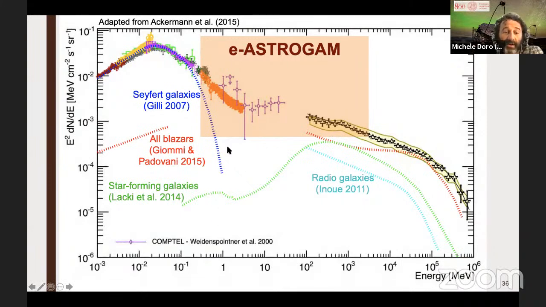That's INTEGRAL, COMPTEL, sorry, the diffuse flux. So ASTROGAM can really say something about the MeV, and the diffuse MeV information is really important for dark matter, for example, primordial black holes, and many other things. So we hope we can close this gap very soon in the future.